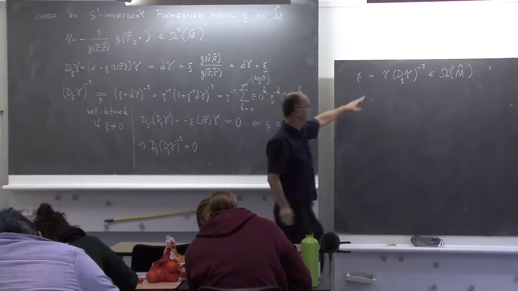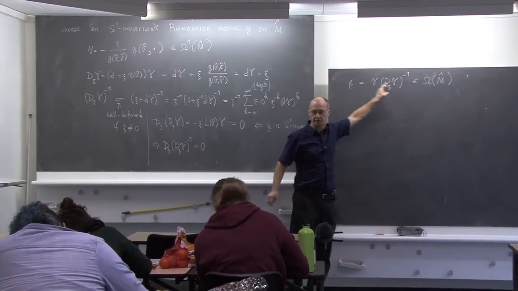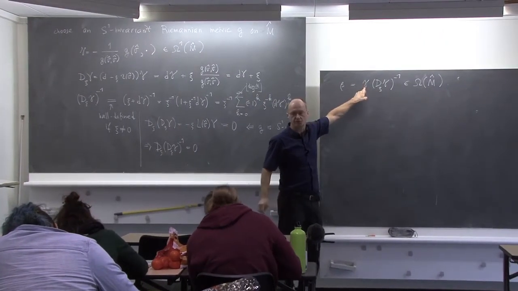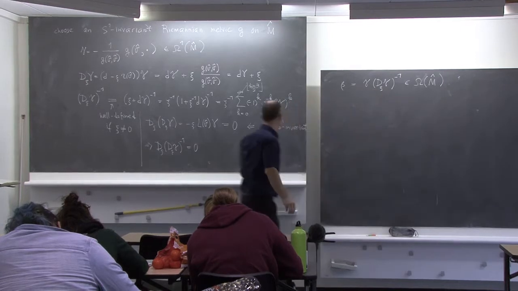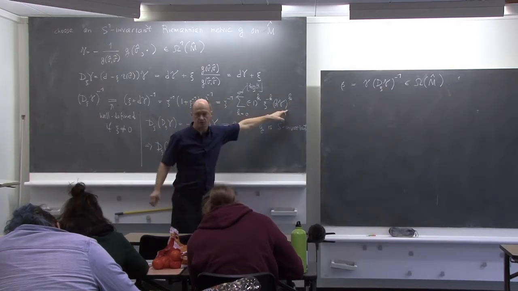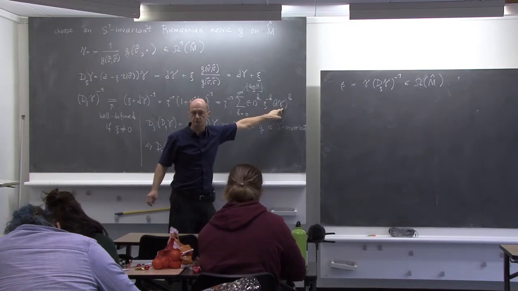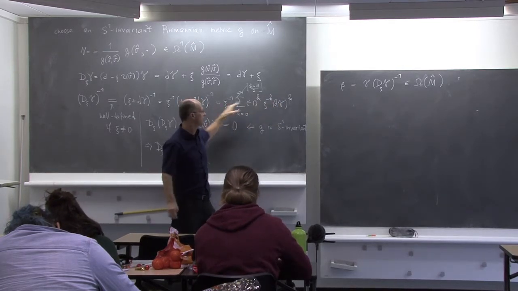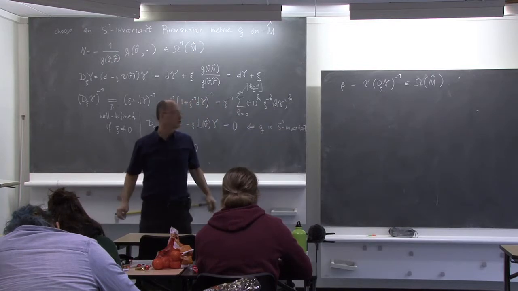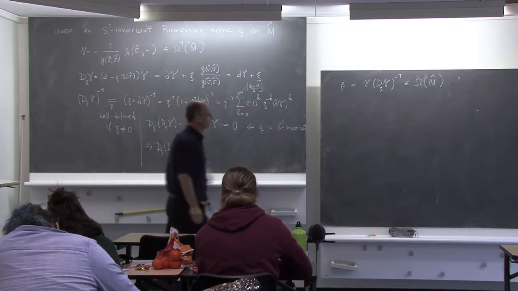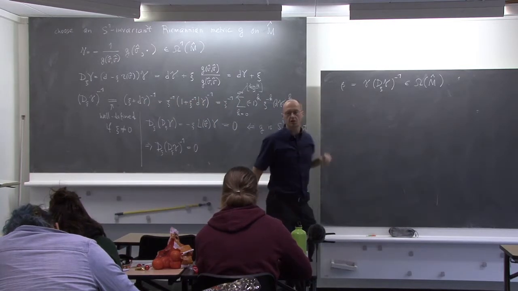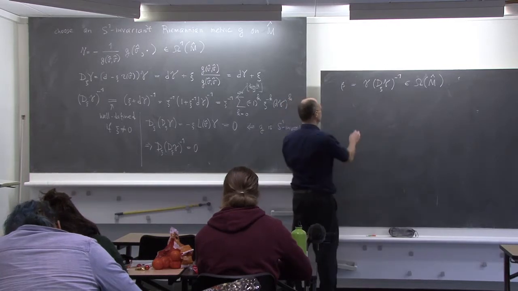In fact, this will be a form of odd degree. So γ is a one form. d_ψ γ, we see it is a sum of differential forms of even degrees because dγ is degree 2. So it's a sum with some coefficients of (dγ)^k. So this is a form of an odd mixed degree.